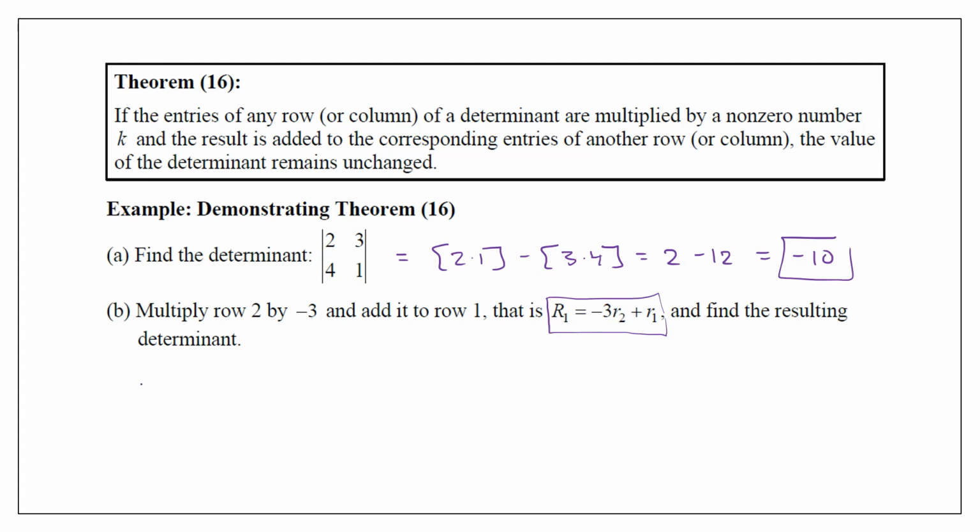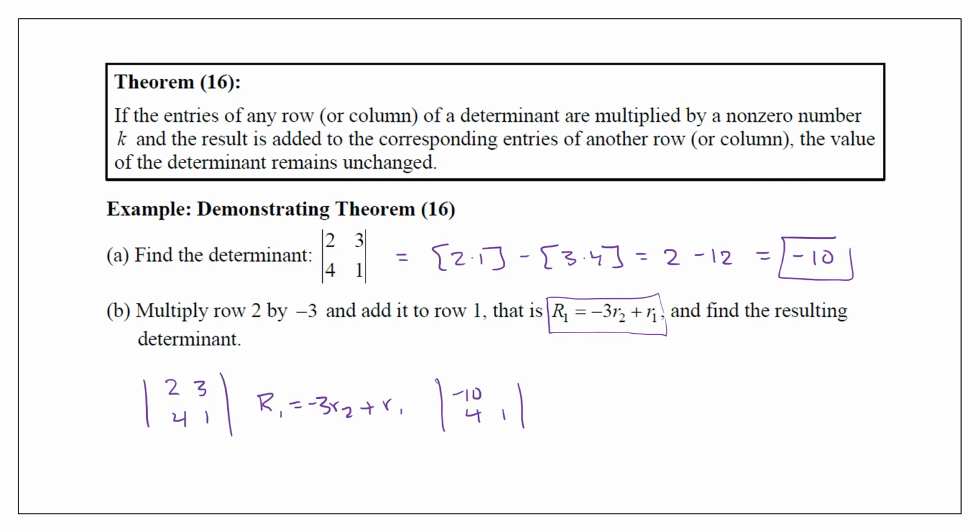So we're going to start off with our original determinant. Then we're going to apply this row operation and then evaluate. So our row 2 stays the same. Negative 3 times 4 plus 2 is negative 10.